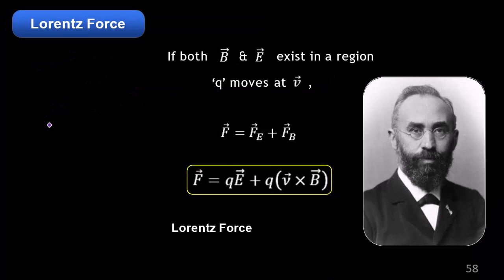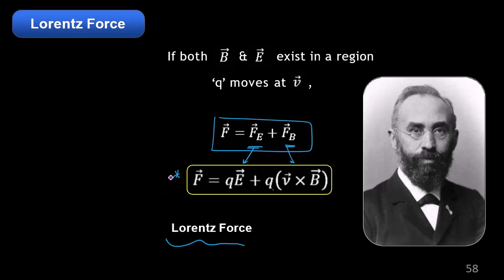Okay. Now combining these two forces. On a particle, if there are two different forces acting, the electric force and the magnetic force, then the vector sum of these forces is known as the Lorentz force. So FE is basically Q into E vector, and FB is basically Q into V cross B. If both the forces are present, then instead of saying that the force is either electrostatic or magnetic, I should say the force is Lorentz.